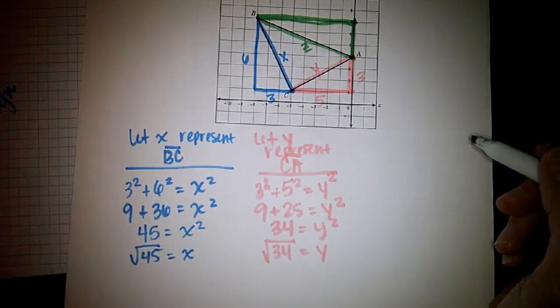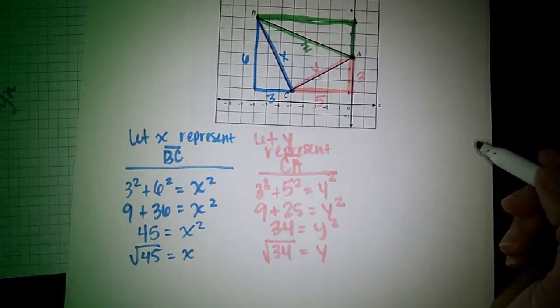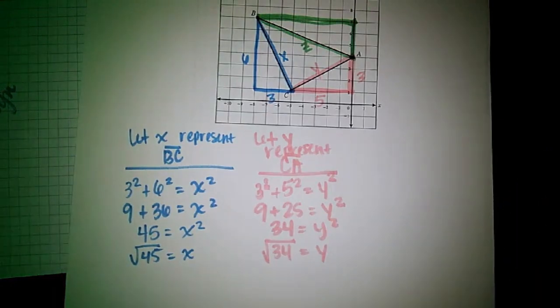I use the line X squared plus Y squared equals Z squared. It should if it's a right triangle. But we're trying to see if it is a right triangle, so right now we don't know. We have to be very mindful about that.